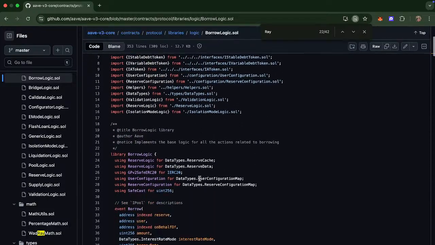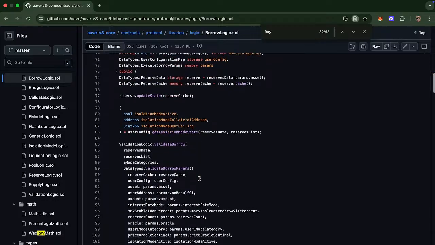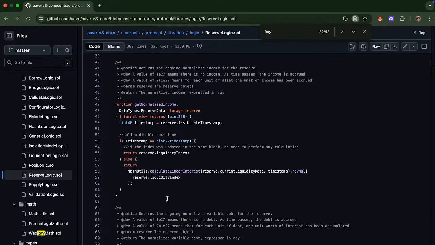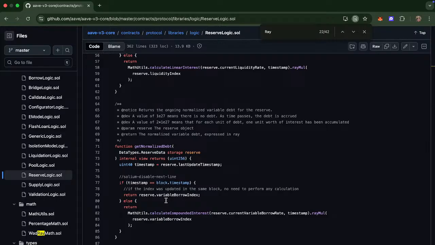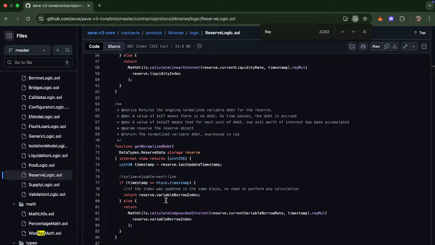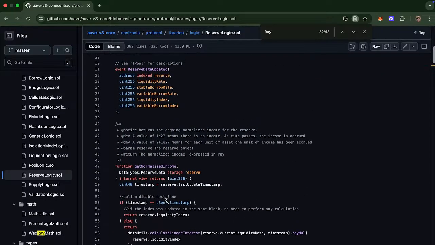What the heck is reserve here? Normalize income time, current, last updated. So messed up, man.